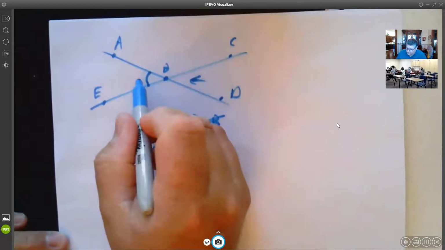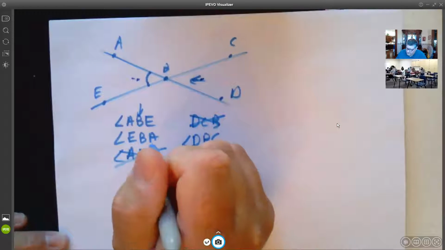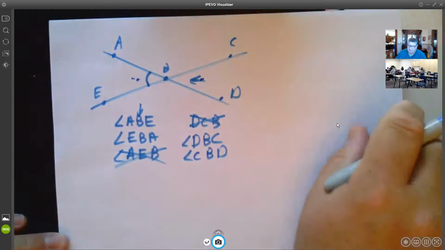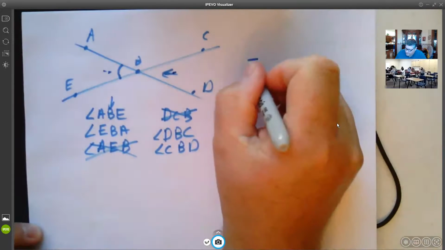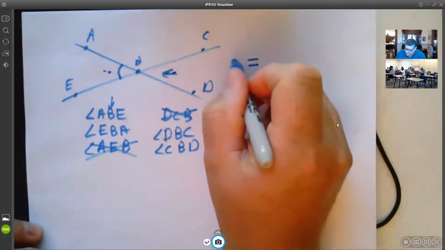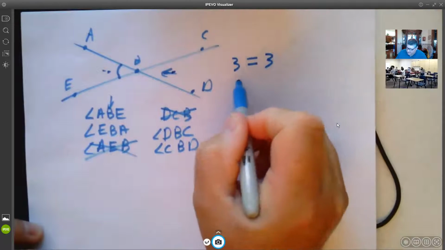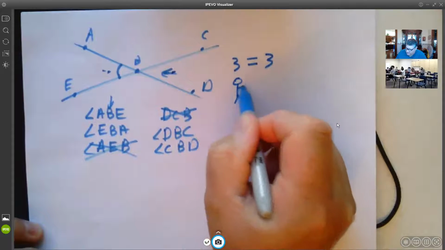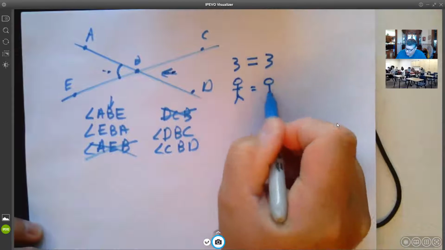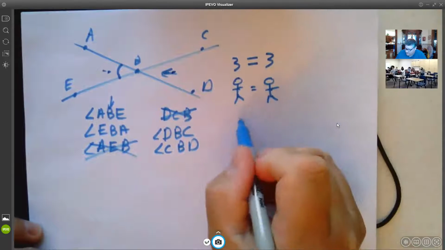Now, what do you think is true about this angle and this angle right here? They're equal. Now, let's talk about that word equal. Equal means 3 equals 3. If somebody is looking in a mirror, they are equal to one another.